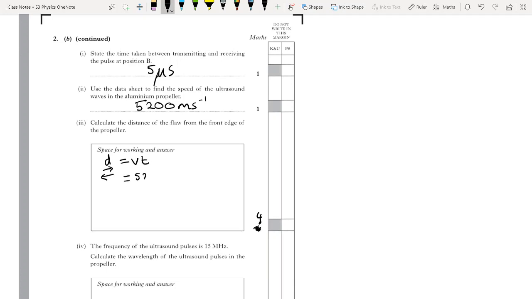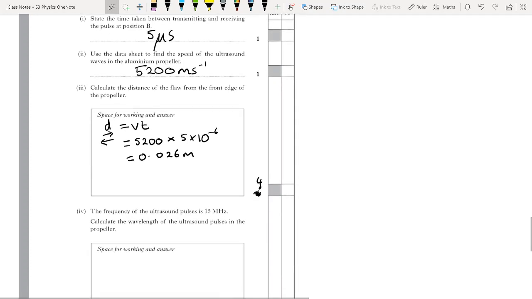The speed in aluminium is 5,200, and the time we just said for B is 5 microseconds, so 5 times 10 to the minus 6. So that should come to 0.026 meters, but we want the distance from the front edge of the propeller, so we just want the distance there. So it's going to be 0.026 divided by 2, which is 0.013 meters.